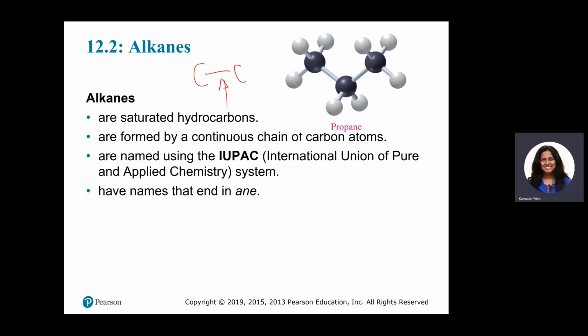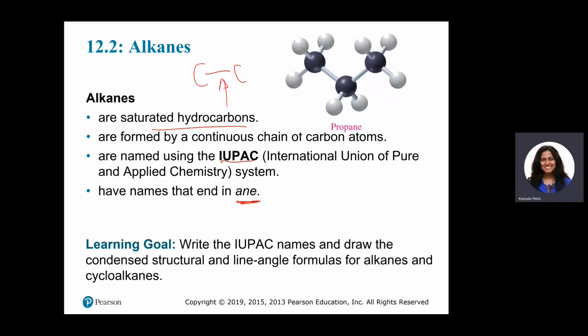According to the IUPAC system, the International Union of Pure and Applied Chemistry has given a set of rules to name these organic compounds. According to this system, the names of the saturated hydrocarbons end with ane.